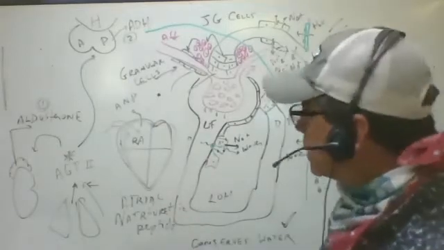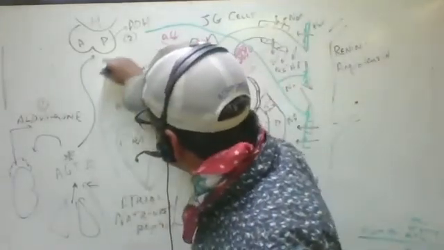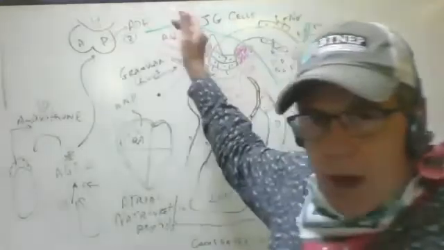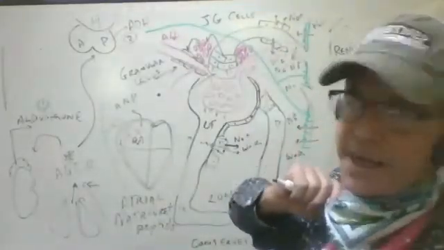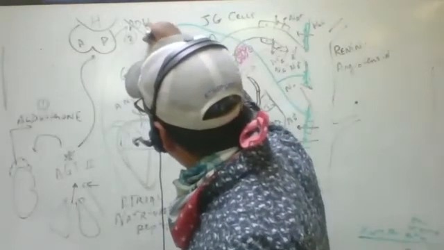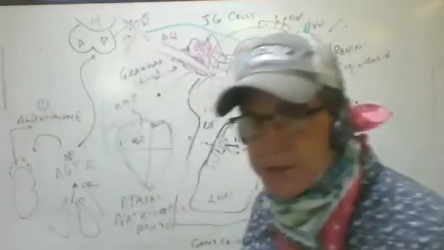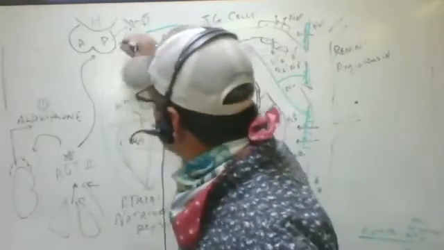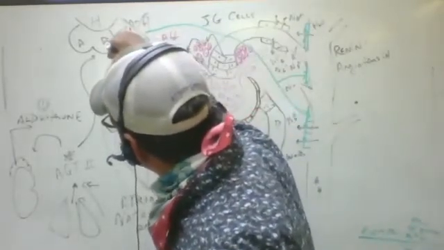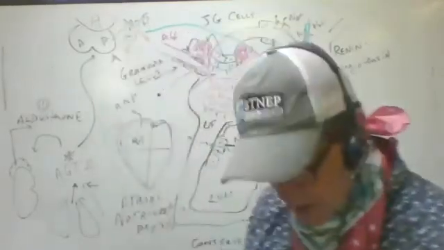Atrial natriuretic peptide comes up to the hypothalamus. A while ago, the hypothalamus was allowing for ADH to be released from the posterior pituitary, but ANP inhibits ADH. Another way that we show that in cartoons is instead of an arrow, you put a T right here, right?